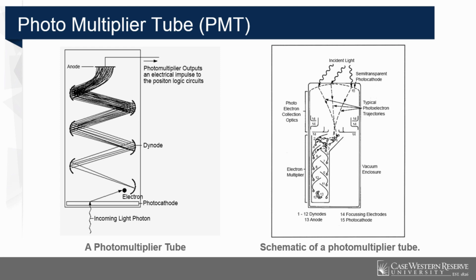Next, very next after the scintillation crystal, what you need is the PMT, another conversion. So the scintillation crystal will convert gamma photons into visible photons. The visible photon will enter the face of the PMT, which is made of photocathode.